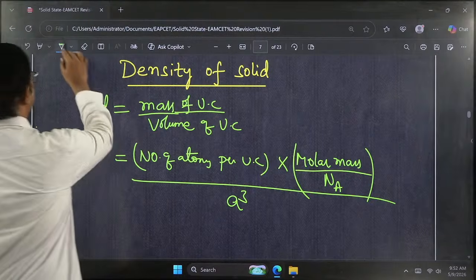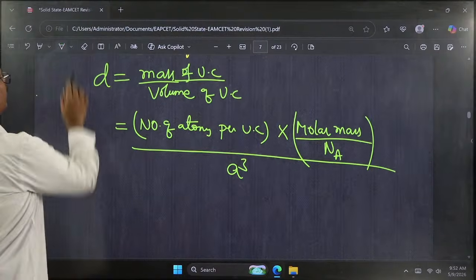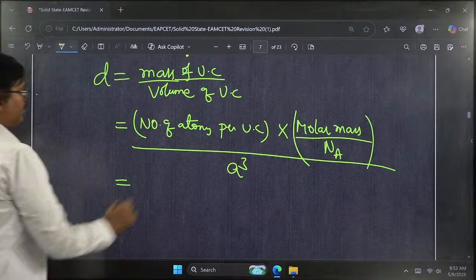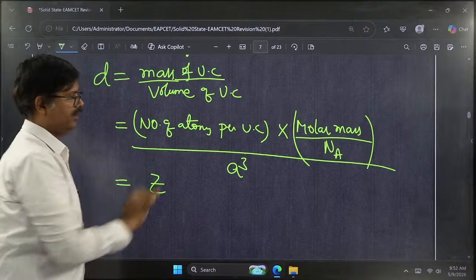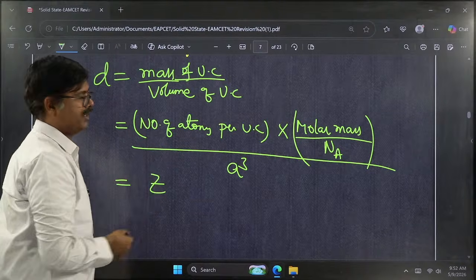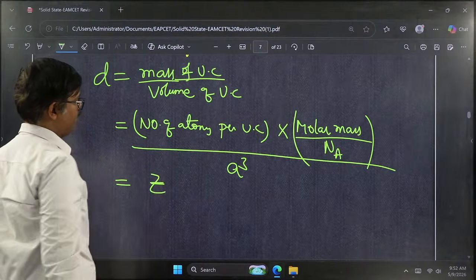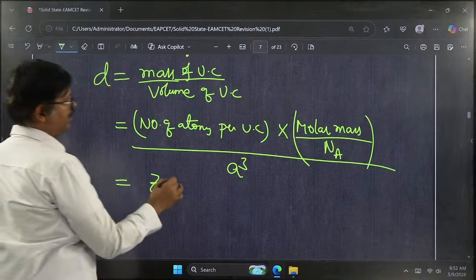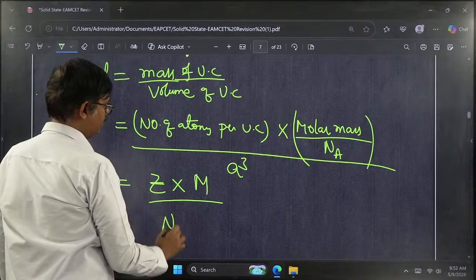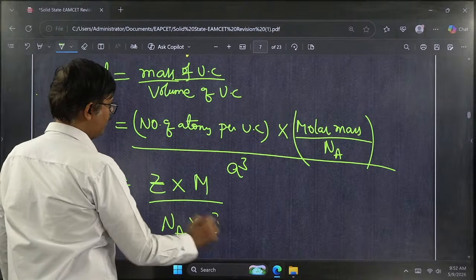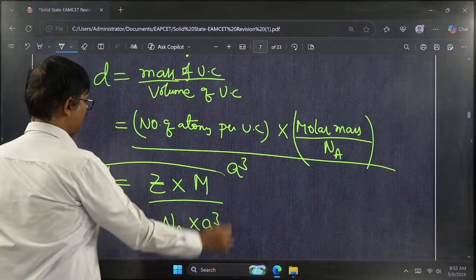Now we just simplify this one. So this I will write as Z. Z means number of atoms per unit cell. That is how in our NCERT also the alphabet is used. Same thing I am using. Z into molar mass by Avogadro number into a cube. This is the formula of the density.